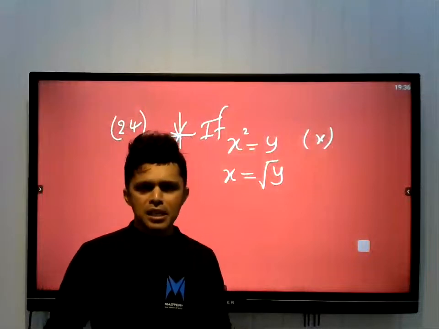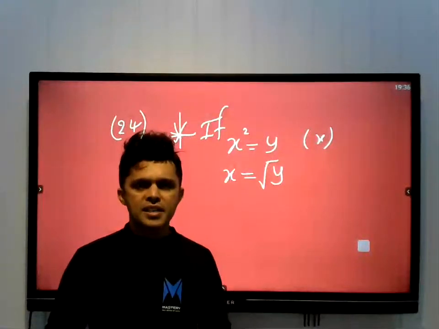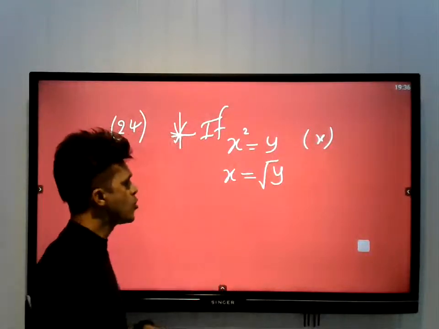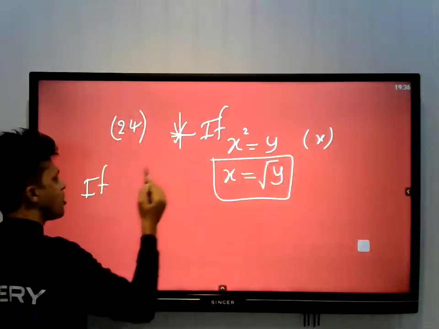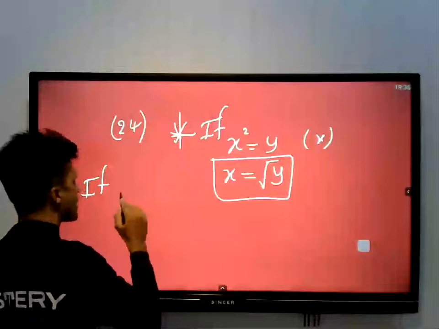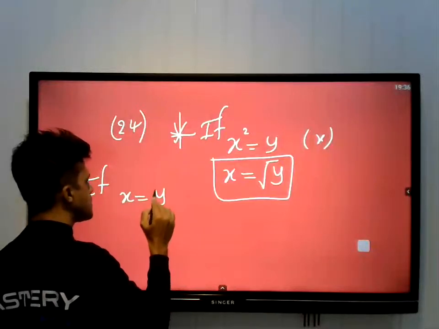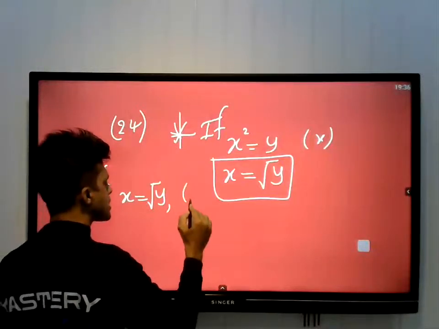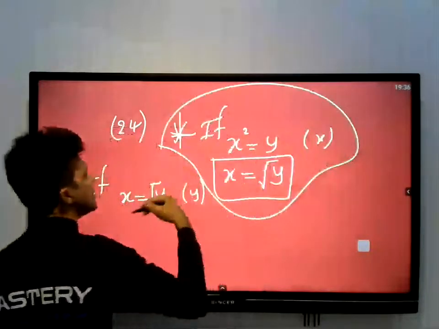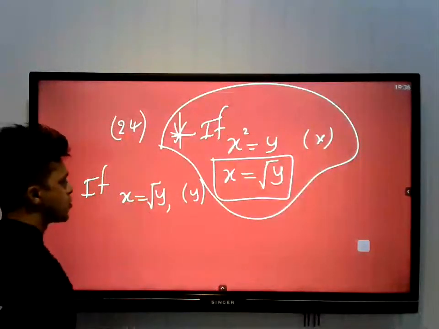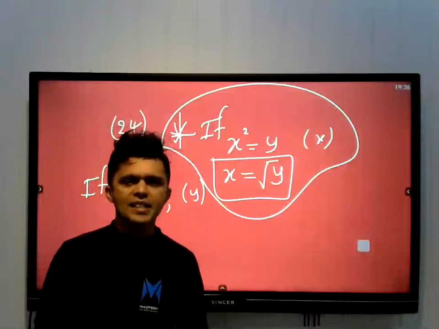Likewise, we are able to write the term. Suppose you have been given this one, and you forget the previous one: if x equals root y, you need to write the term y as the subject.